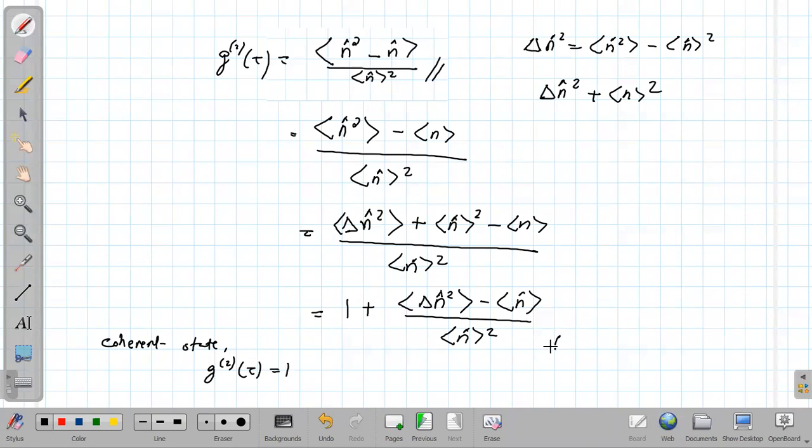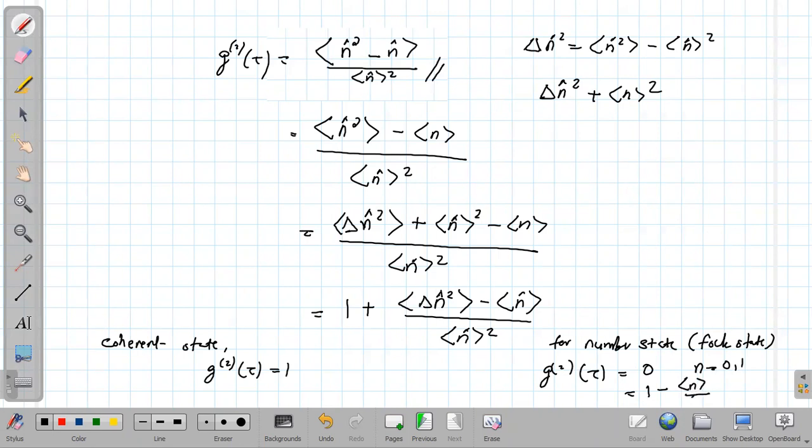And for Fock state, which is also known as number state, this G2 of tau usually would be 0 if the number of photons is either 0 or 1, and it would be equal to 1 minus average n by n square for n greater than or equal to 2.